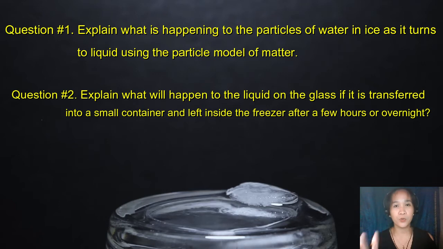So those are the 2 questions that you are going to answer. Again, number 1, explain what is happening to the particles of water in ice as it turns to liquid using the particle model of matter. And second, explain what will happen to the liquid in the glass if it is transferred into a small container and left inside the freezer after a few hours or overnight.